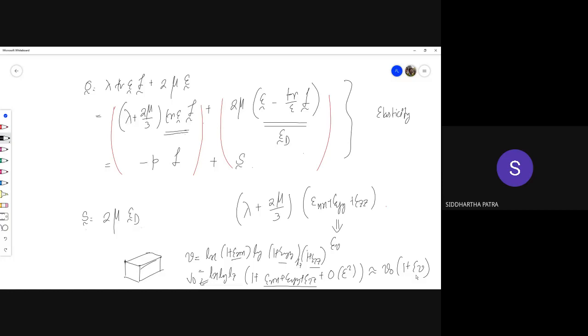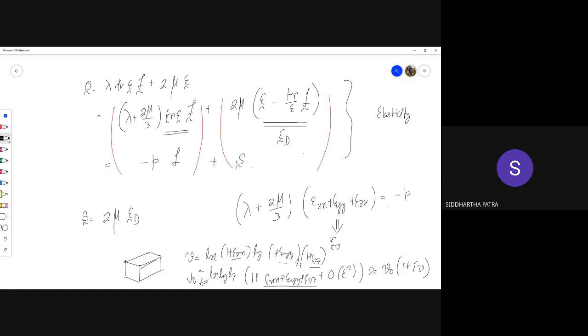So this is how the volumetric strain relates to P. You see, a positive pressure would compress something, right?